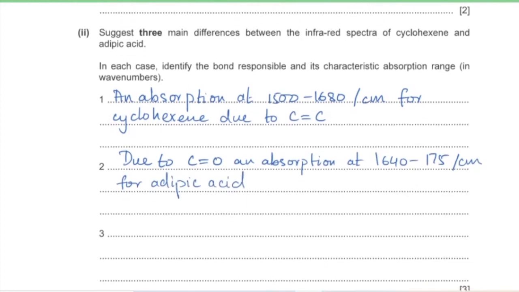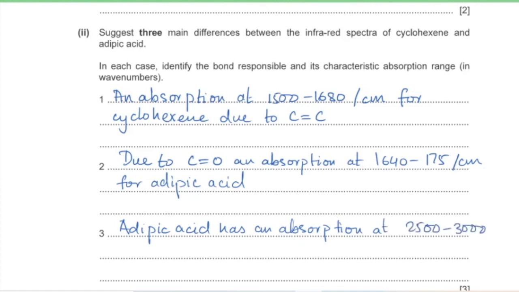At last, adipic acid has a carboxylic acid group, which cyclohexene doesn't. So you can write that adipic acid has an absorption at 2500 to 3000 per centimeter due to carboxylic acid group.